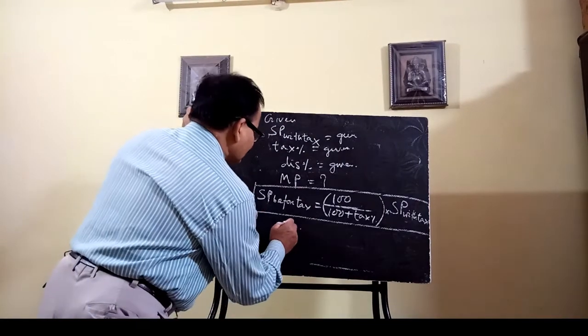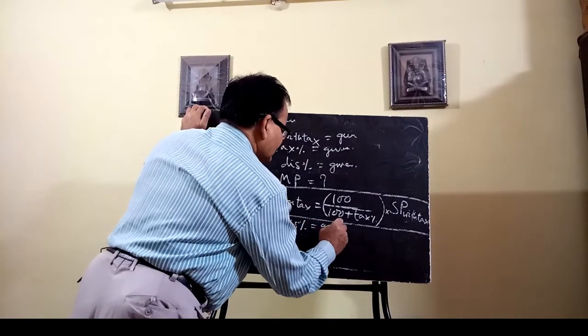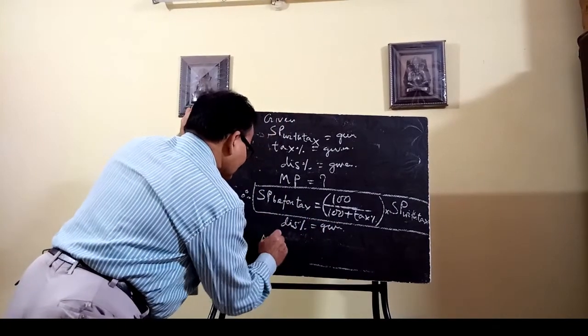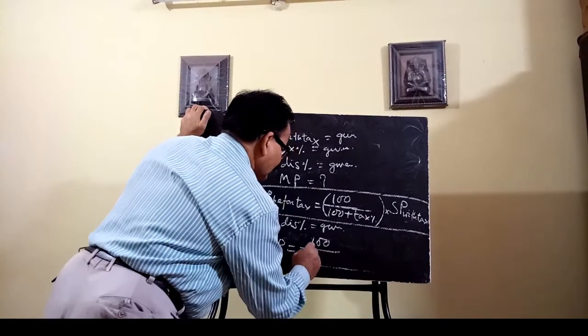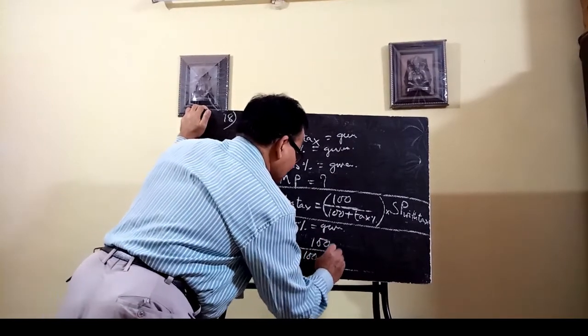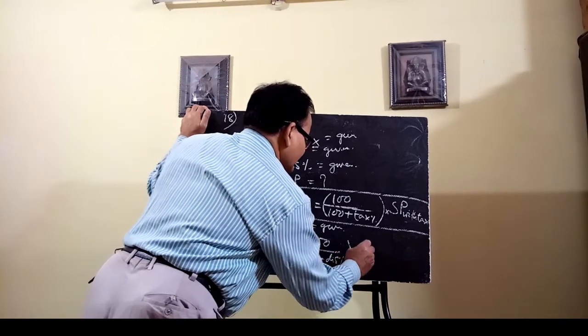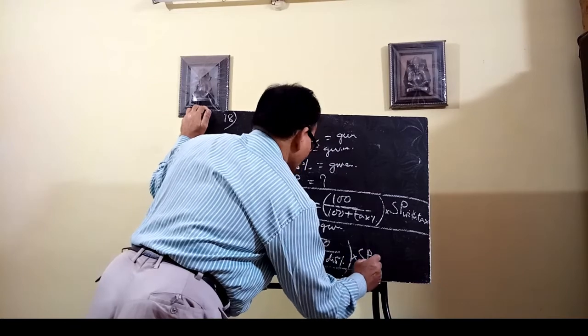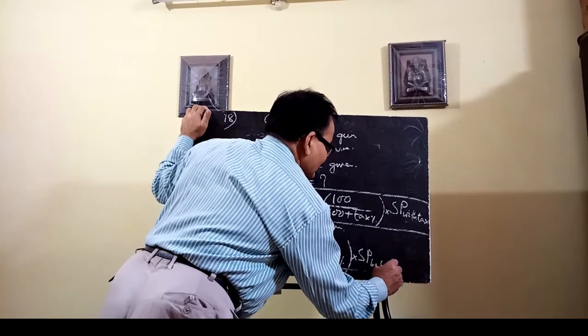Now discount percent is given. Then MP can be calculated by the formula 100 divided by 100 minus discount percent, into the SP before tax that we have just calculated.